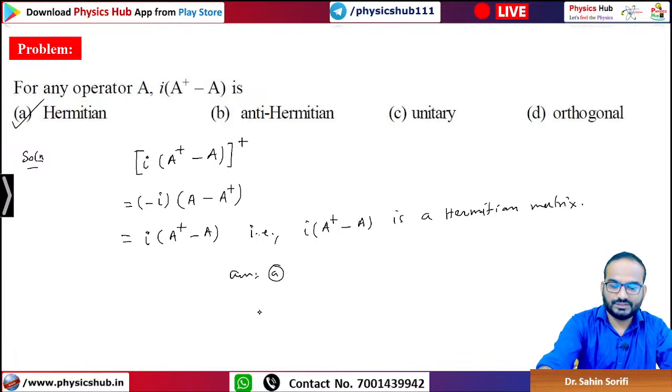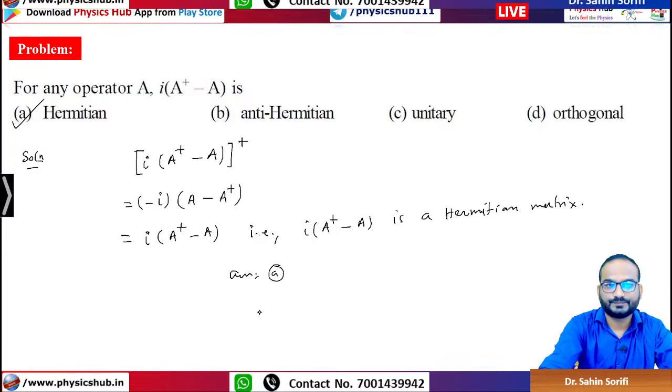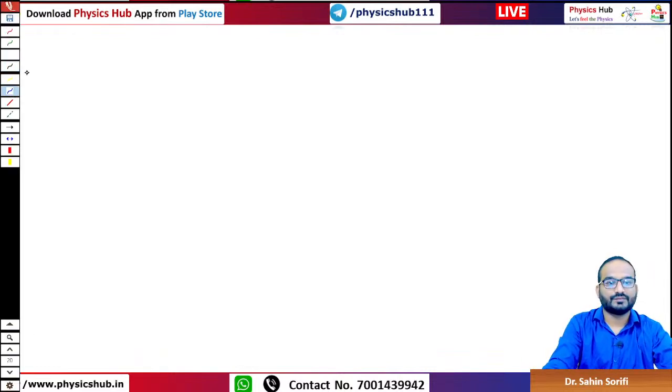Now, 2-3 small things are there. Let's talk about them. One term you will see while finding the inverse of a matrix is singular matrix. What is a singular matrix? A matrix having zero determinant.